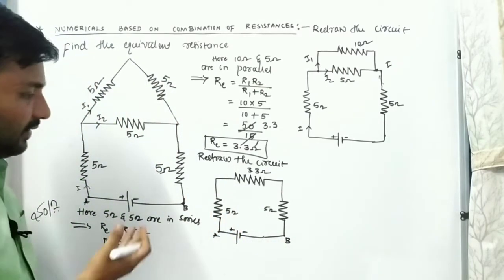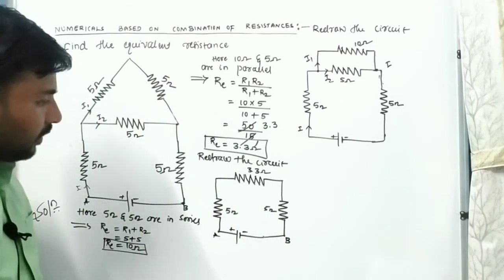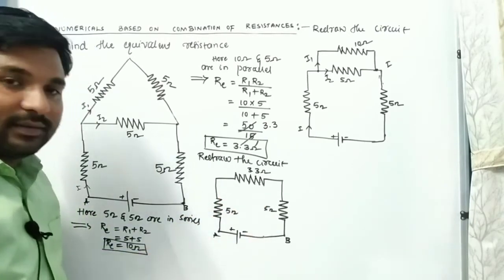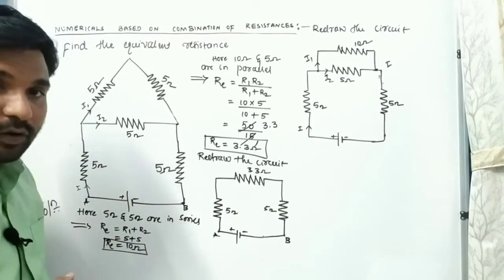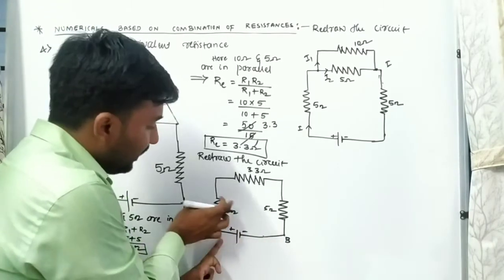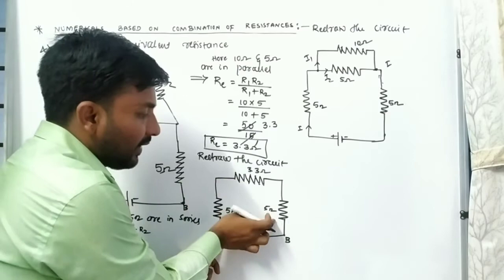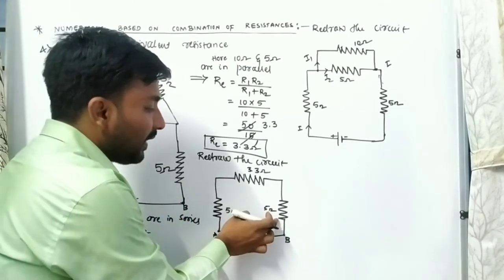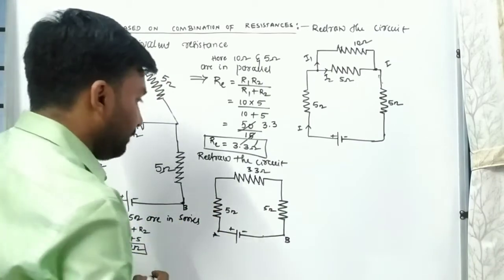Now you see the circuit. Now all these three resistors are in series combination. Between the points A and B, the resistors are connected one end after another. It means they are connected in series.